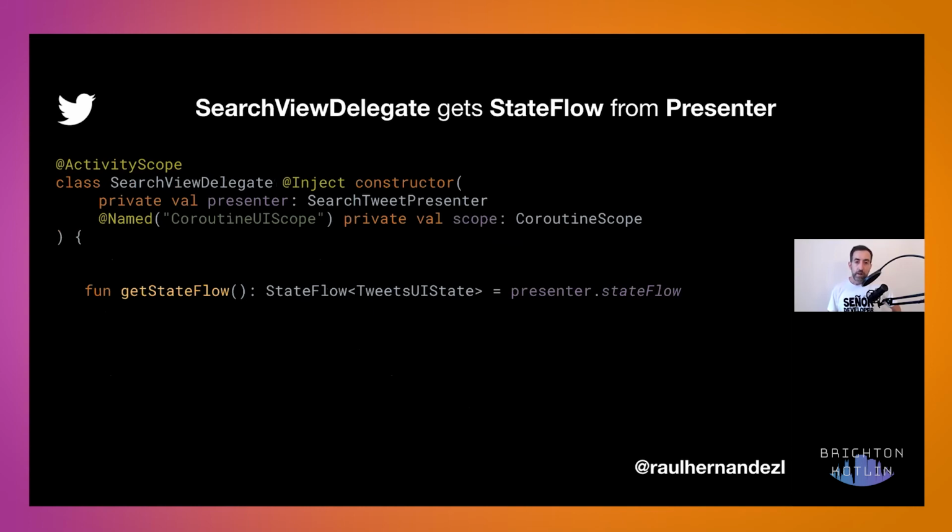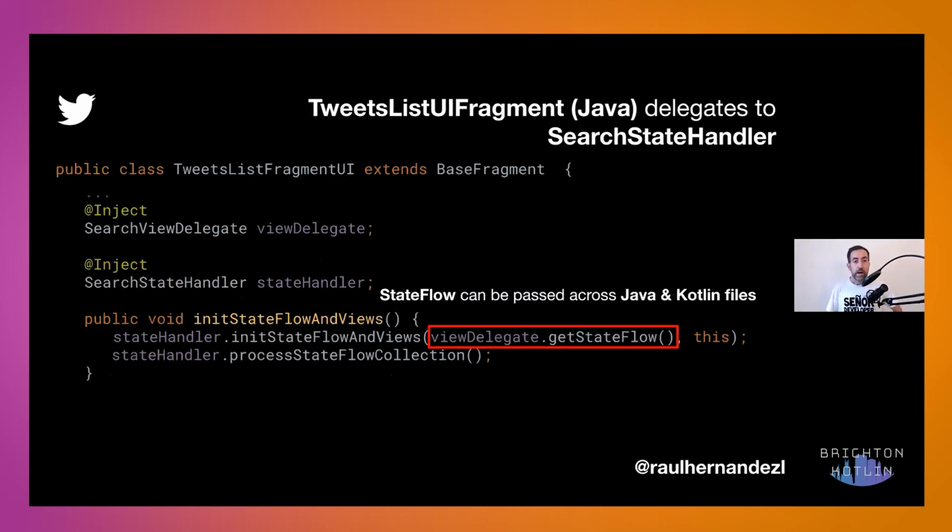Now the view delegate is going to do exactly the same. It's connected with the presenter and is exposing this to the next entity to work with. And in this case, I use a fragment from my UI, but you could use an activity, you can use a custom view, whatever you prefer. And I injected here a view delegate and the state handler and the state flow for us to handle those different state flows.